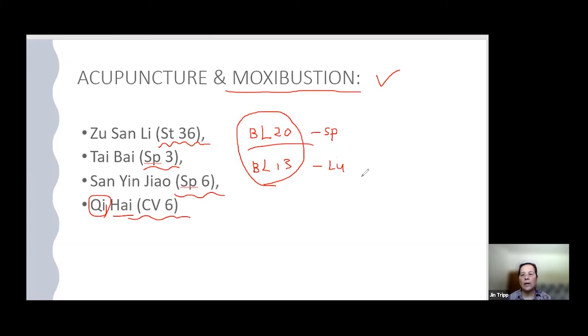If we diagnose spleen qi difference, we still can at the same time tonify lung qi, because these two organs have a pretty close relationship with each other. And in the five elements connection, spleen is the mom of the lung, lung is the son of the spleen. So we can tonify together.